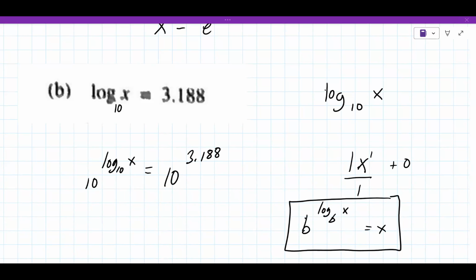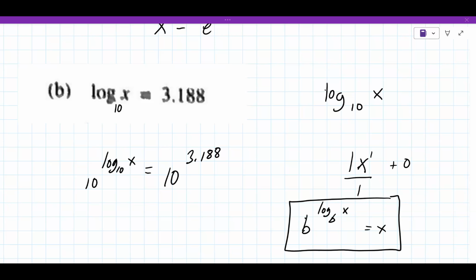Okay, so 0.50. 10 to the 3.188 is much bigger. It's at least 1,000. Oh, sorry, I misunderstood you. It can't be right.